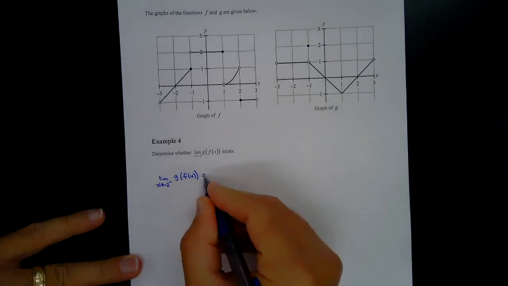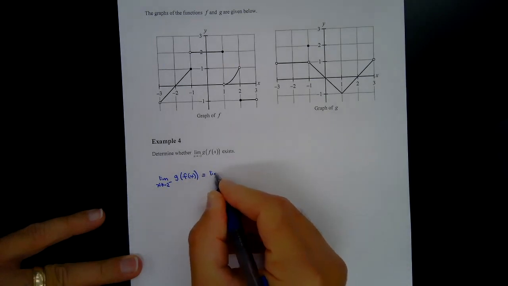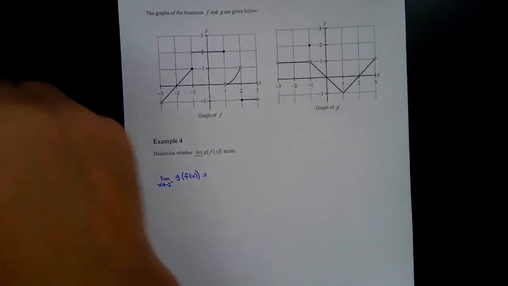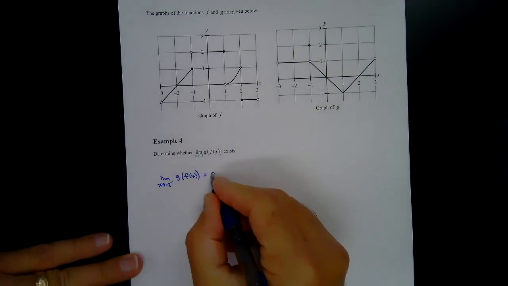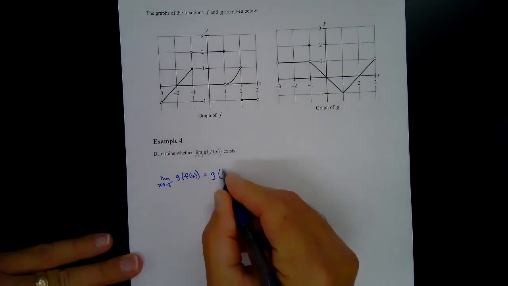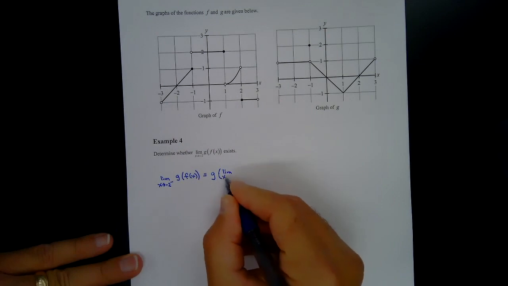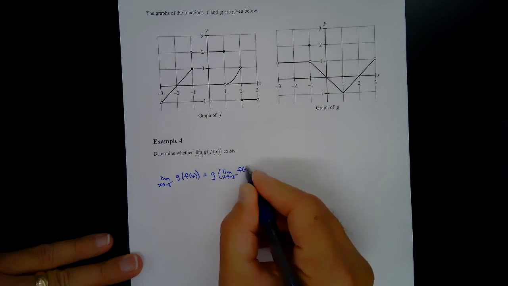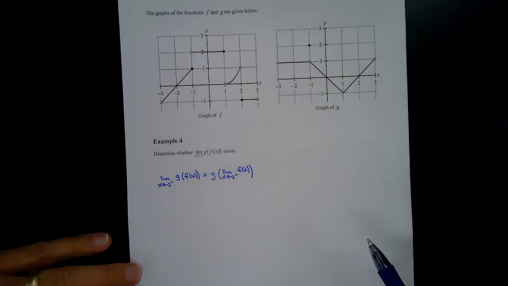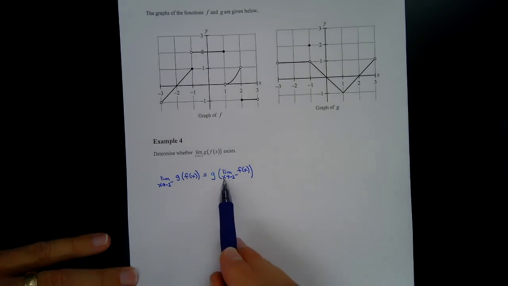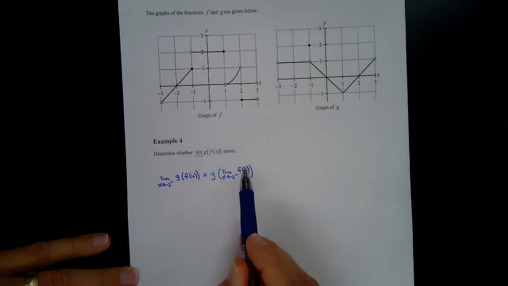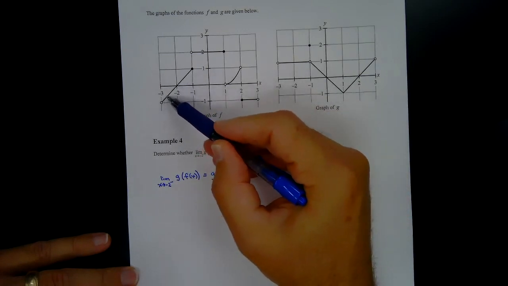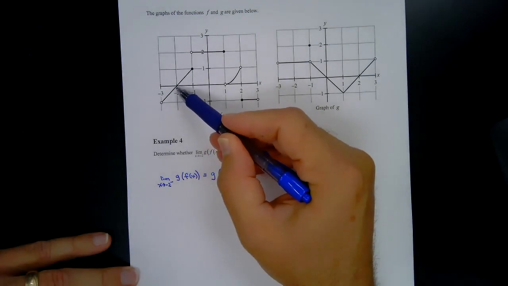So this would equal g of the limit as x approaches -2 from the left of f of x. X is approaching -2, and we're putting that in for this x. We're approaching -2, and f is getting closer and closer to 0.